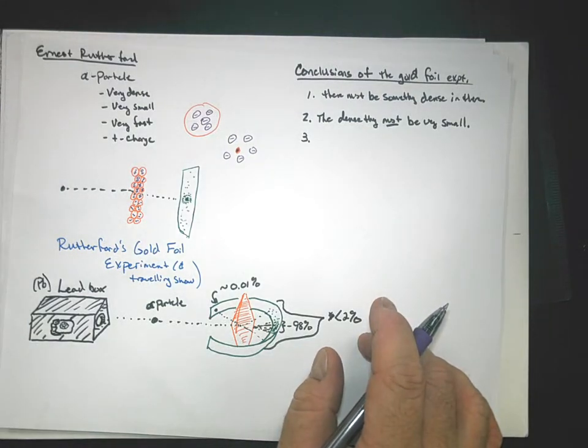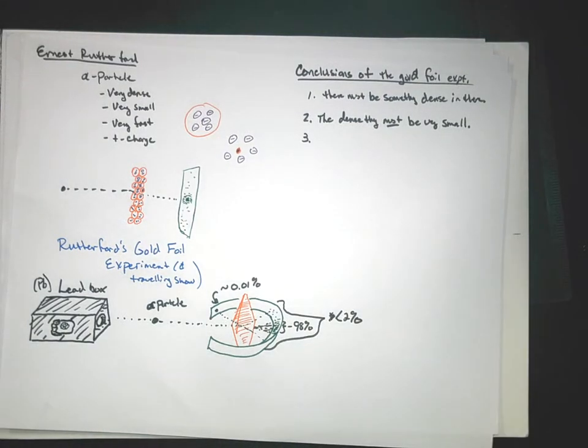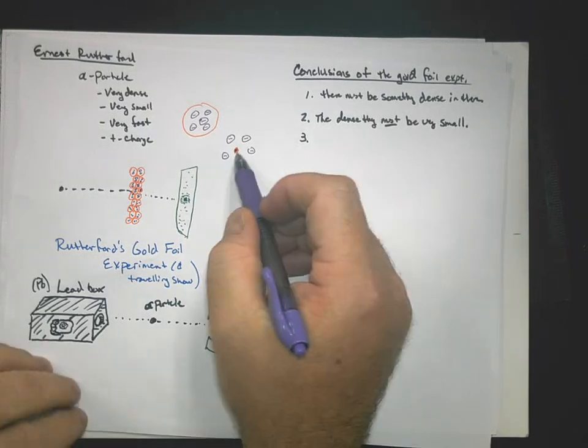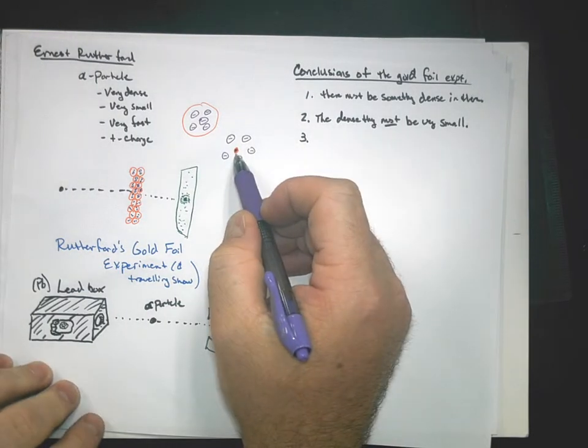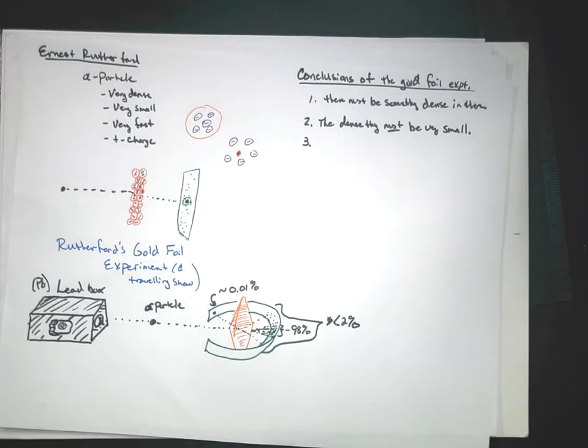Does that make sense? That we took all the mass of the atom and shrunk it down to a really teeny tiny point. What's the charge on that?